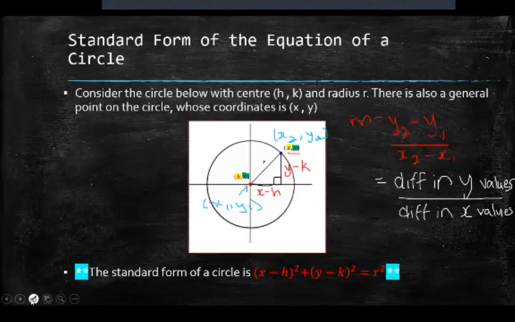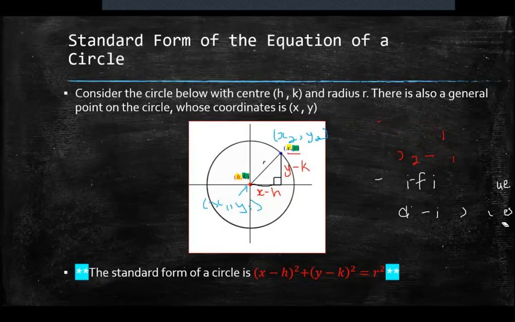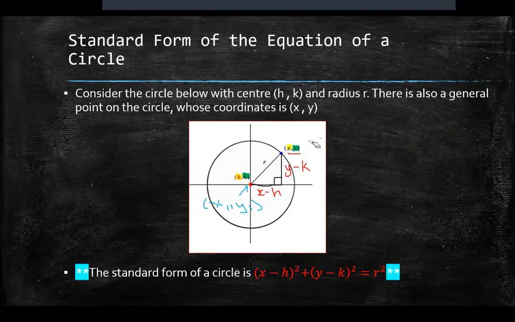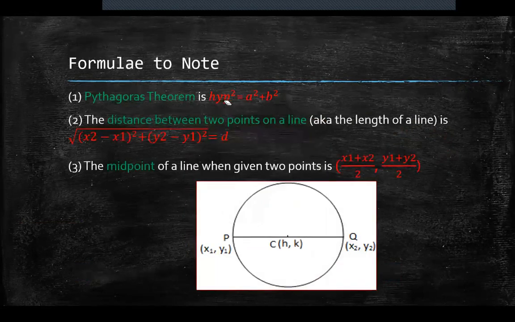Anybody remembers what Pythagoras' theorem is? Okay. A squared plus b squared is equal to c squared. Let me just erase all this so I don't confuse you. Pythagoras' theorem: hypotenuse squared is equal to a squared plus b squared.